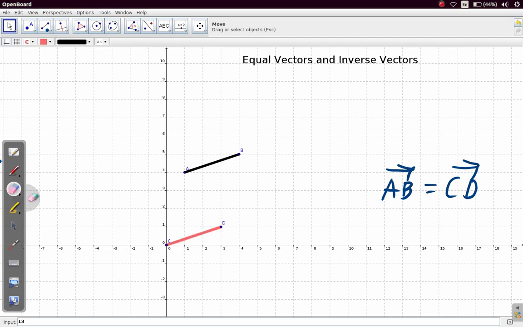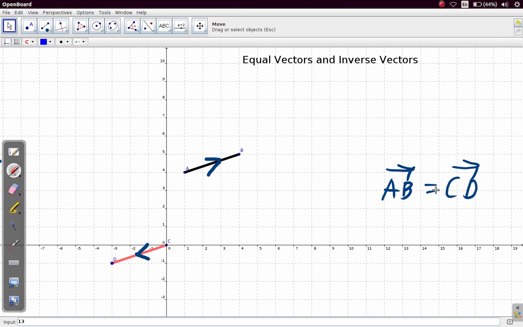Now, suppose I turn vector CD around like this so that the arrows point in opposite direction. Then in that case, what I have are inverse vectors. Alright?